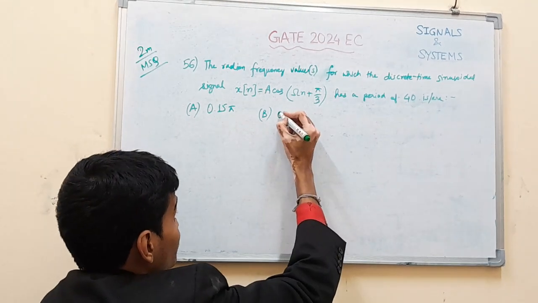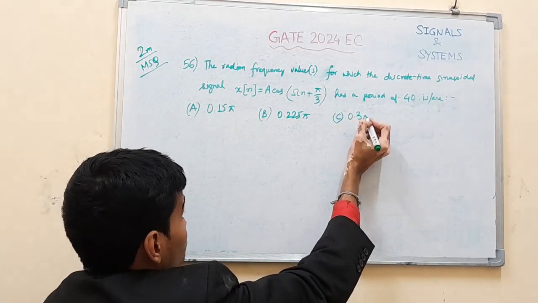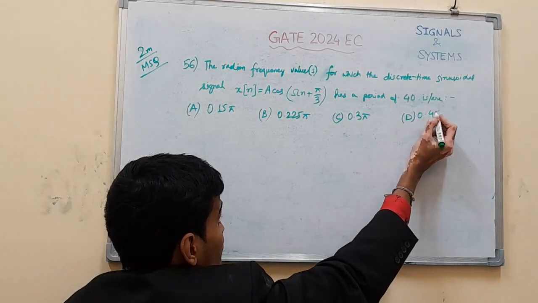But in fact it's quite simple. The options are 0.5 pi, 0.3 pi, 4 pi.